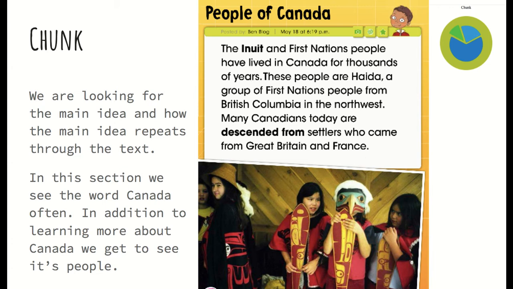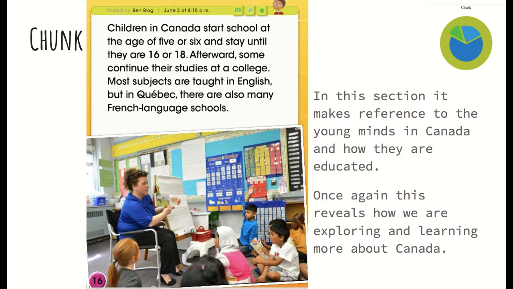So we get to see that more people of Canada are from Great Britain and from France. These are the settlers that have come from those areas and now reside in what we know as today's Canada. All right. Let's go ahead and move on to the next section.